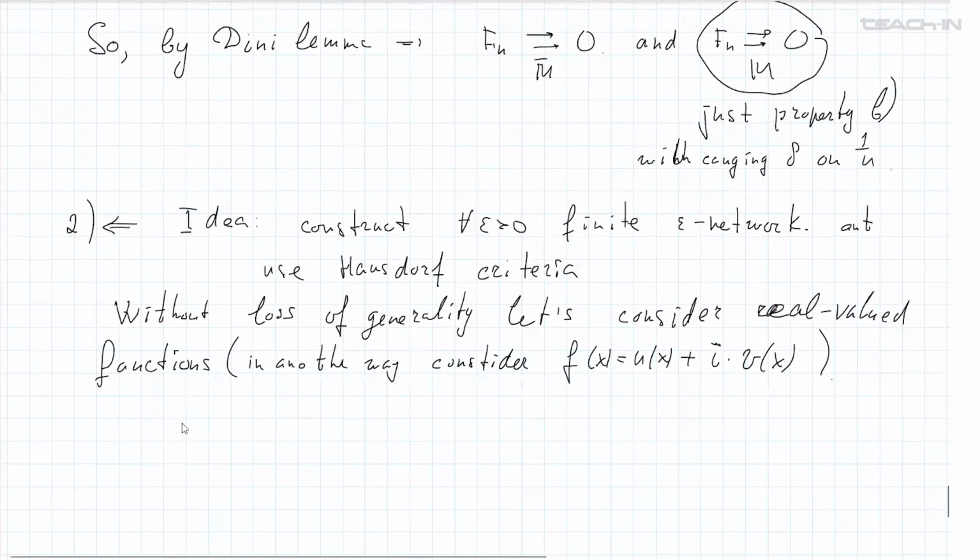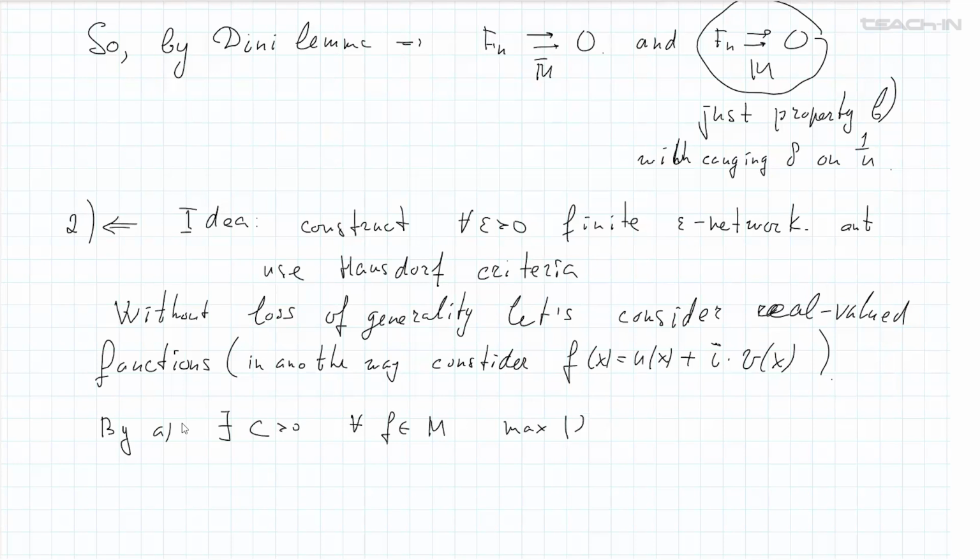So by A, there exists a positive constant C such that for any f from M, the maximum of |f(x)| is less or equal to C.